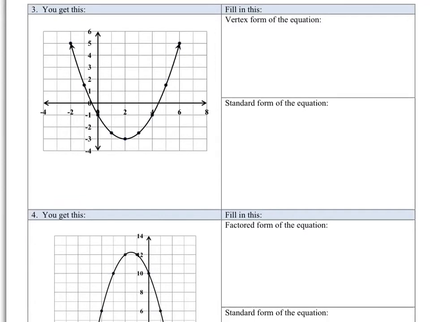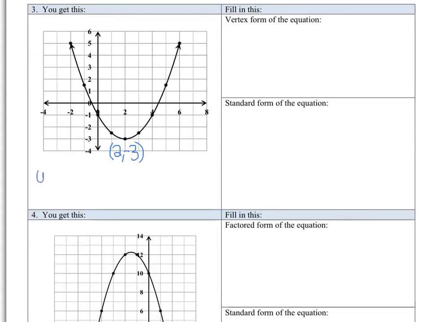For question number 3, we're given a graph, and we're asked to find the vertex form and the standard form. We can make a table of values, but we don't have any equation to start with. However, we are very nicely given a vertex, and that vertex is 2, -3. So with 2, -3, we can put it into vertex form.